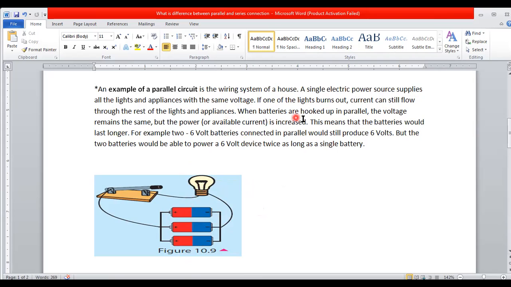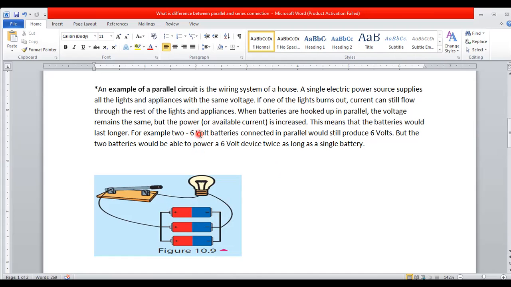When batteries are hooked up in parallel, the voltage remains the same. When we add more batteries, the voltage remains the same, but the available current is increased. This means that the batteries would last longer.